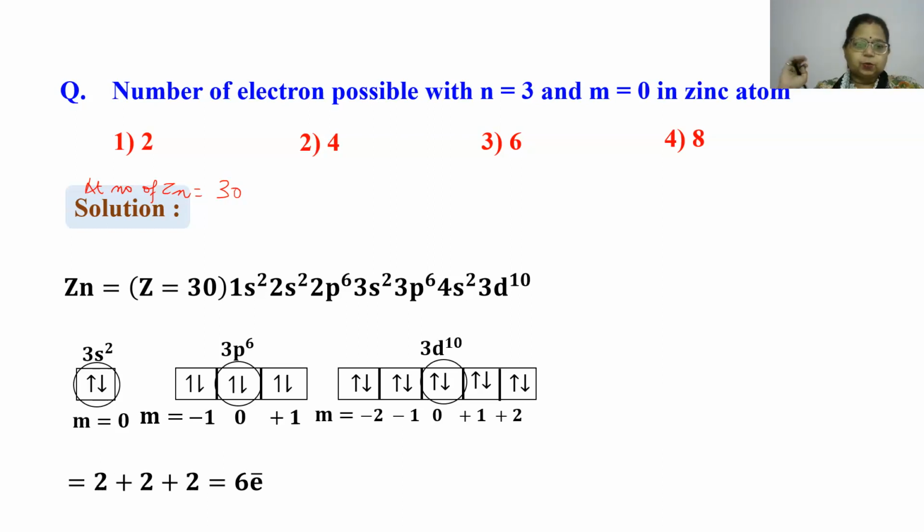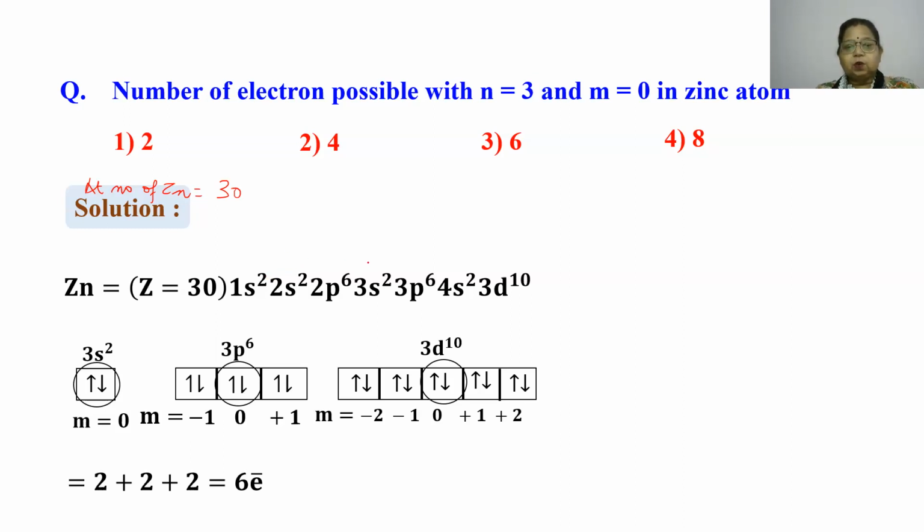Please pay attention, students. We have asked you to find out how many electrons will have n equal to 3 and m equal to 0, right? If you look at this configuration, your focus has to be on 3s2, 3p and 3d.